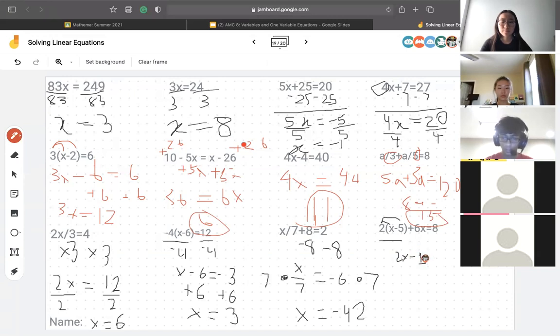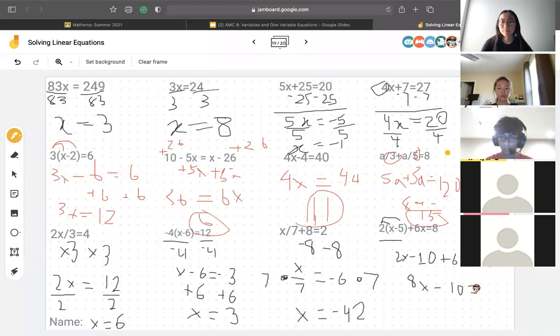So 2x minus 10 plus 6x is equal to 8. And then we can simplify this by combining like terms, or combining the 2x and the 6x, and we get 8x minus 10 is equal to 8.